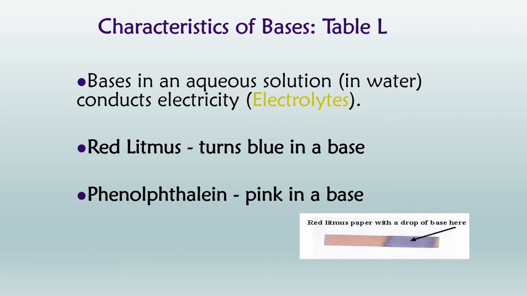And if you're using phenolphthalein to test a basic solution, we put a few drops of phenolphthalein in it, the solution is going to turn pink. And finally, the pH of any basic solution is always going to be greater than 7. Remember, acids had a pH less than 7, bases have a pH greater than 7.